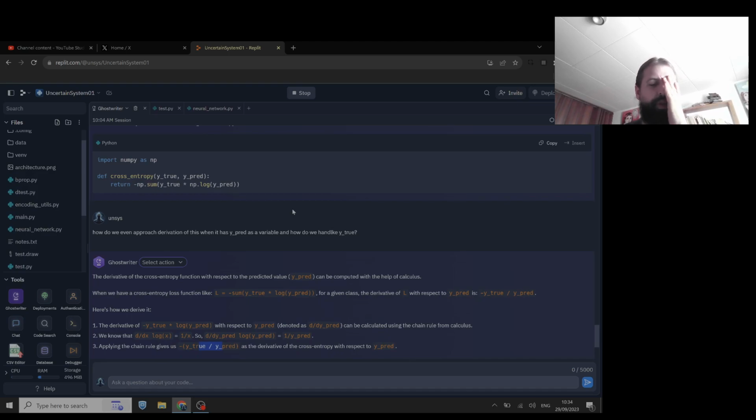The derivative with respect to y pred is this somehow. But I want to know the derivative with respect to W2, right? How do I do this by hand?